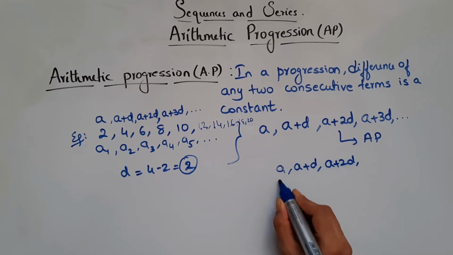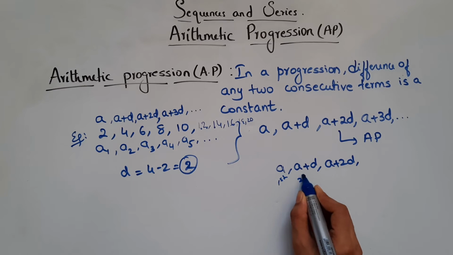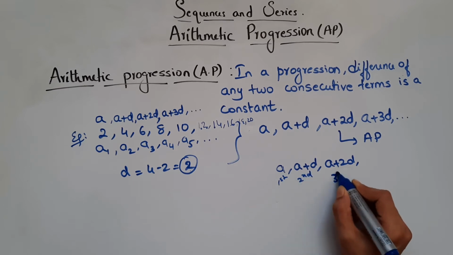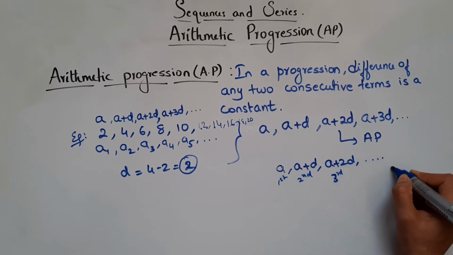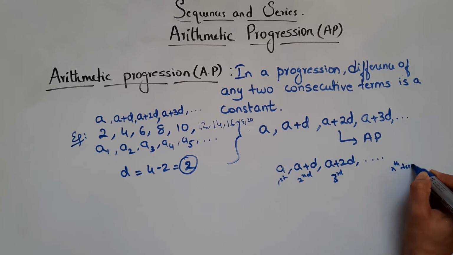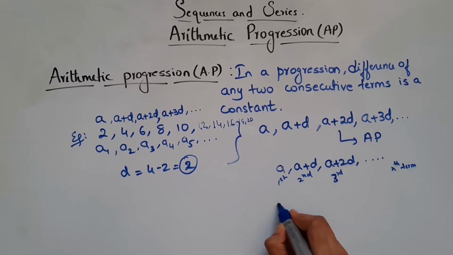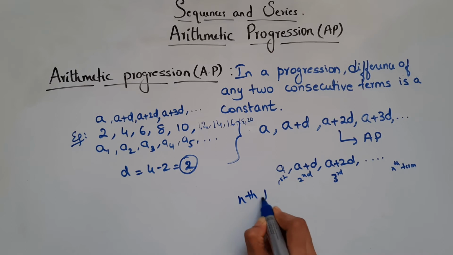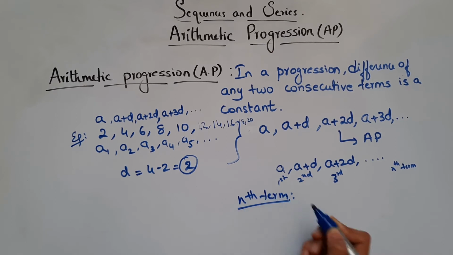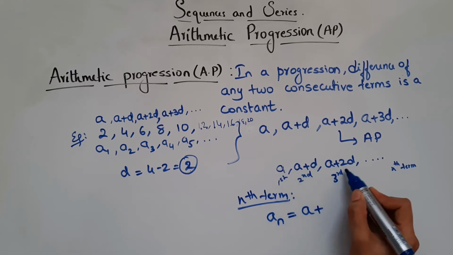So this is the first term, this is the second term, this is the third term, and so on. We want the nth term. How to find the nth term? So the nth term formula is a_n equal to a plus... let's take the third term.